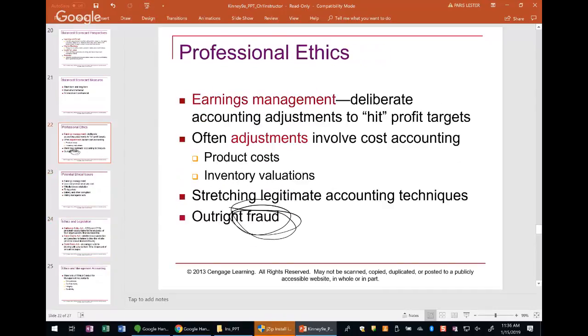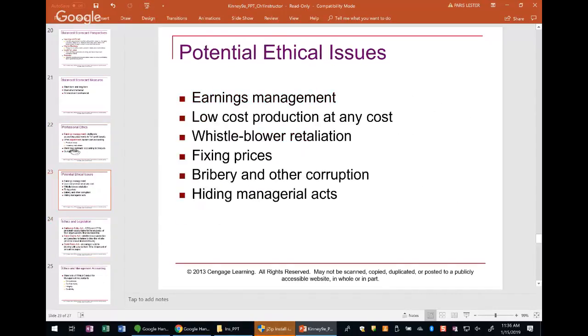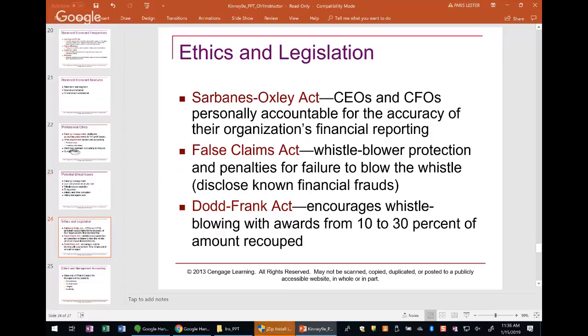Now, here's a potential ethical issue that's relating to fraud. There's whistleblowers, fixing prices, bribery, corruption, hidden managerial acts that the management does. Now, here are some of the acts that came about because of Enron.